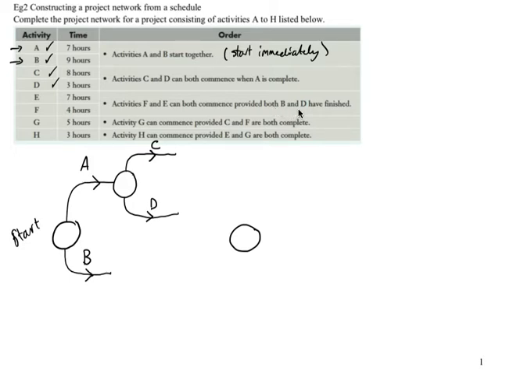So what that means is this and this are both going into this node, and when both D and B are finished, then out can come E and F. So E and F means two arcs coming out like that, and we can tick these off. We'll do the time later.